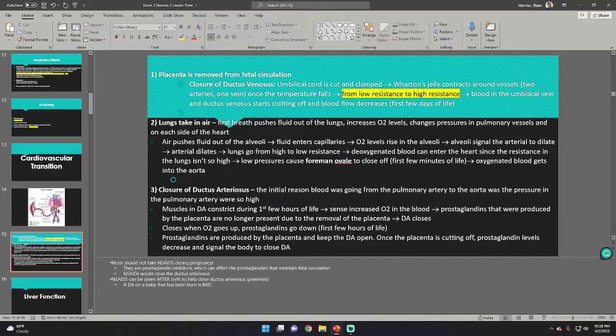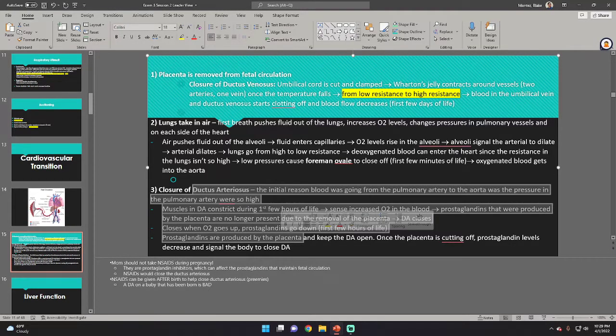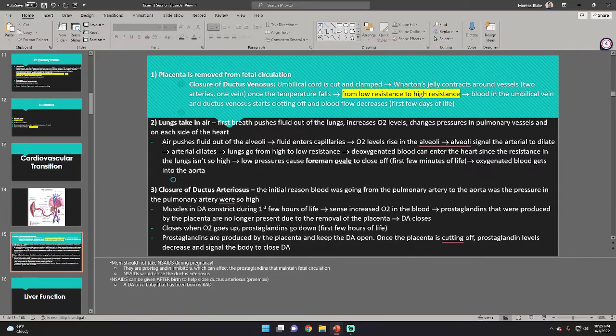But in pediatrics there are some adaptations formed because the ductus arteriosus is left open. So what they can do is give NSAIDs after birth to help it close. A patent, so an open, ductus arteriosus on a baby that has been born is not a good thing. Okay? So this is the normalization of getting that ductus arteriosus closed.